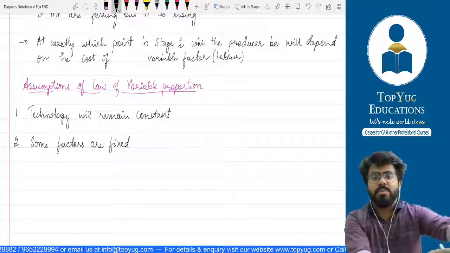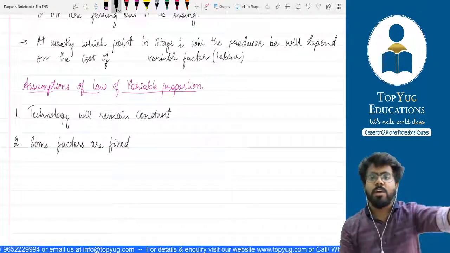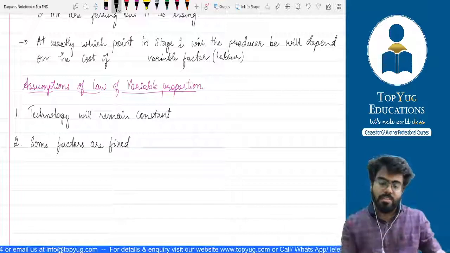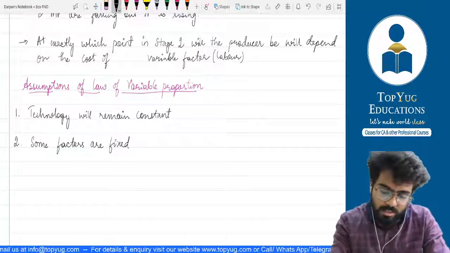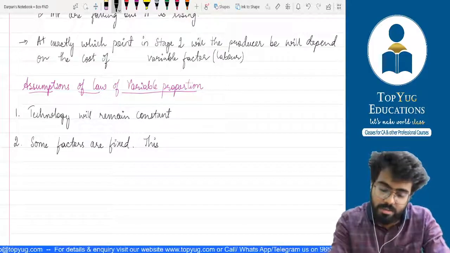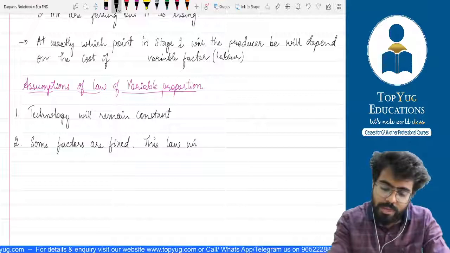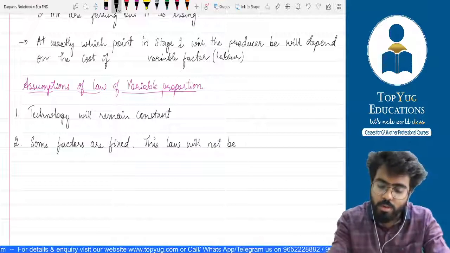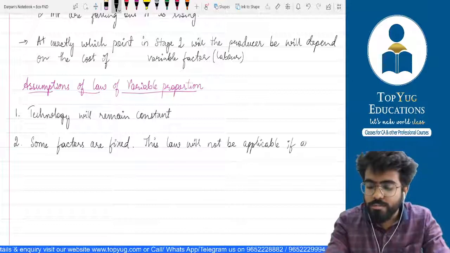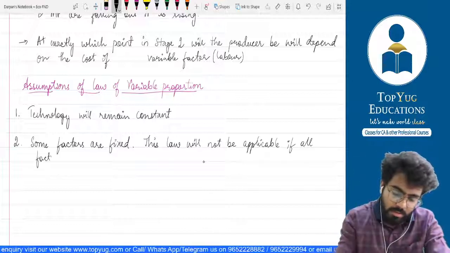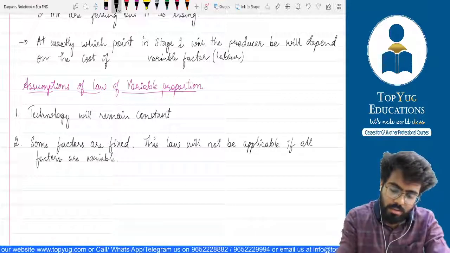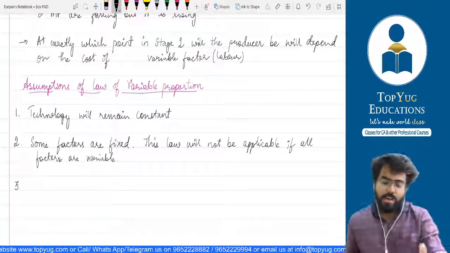If all factors are variable, will it be the law of diminishing returns? No, it will be the law of returns to scale. So some factors are definitely fixed. Full stop. Next point. This law will not be applicable if all factors are variable. Correct? So some factors are fixed.